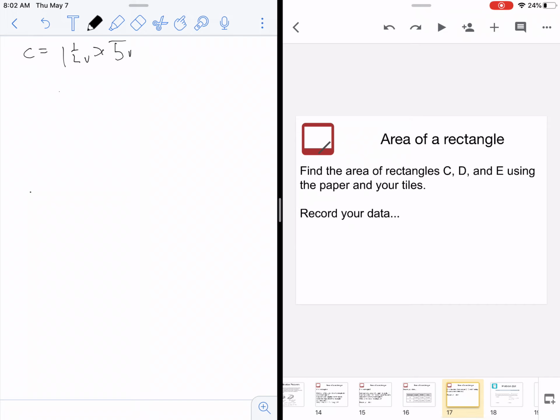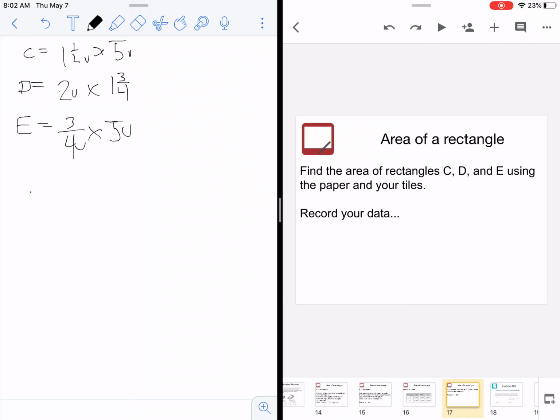Rectangle D is 2 units times 1 3/4 units, and then rectangle E is 3/4 unit times 5 units.